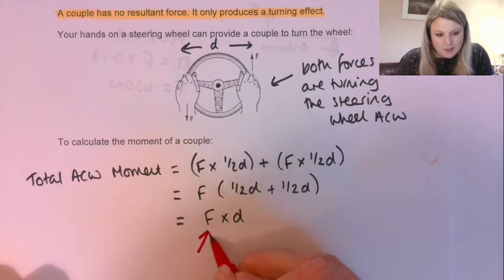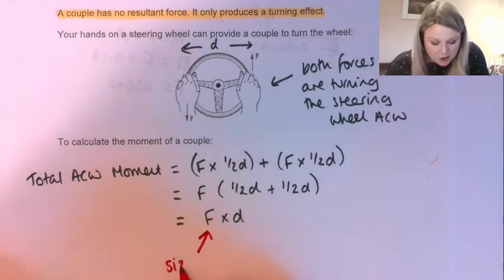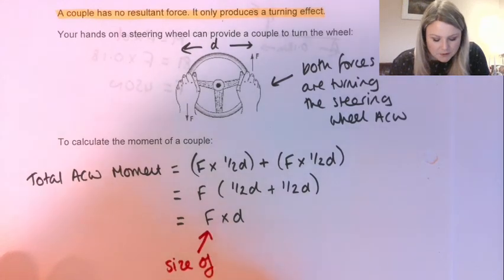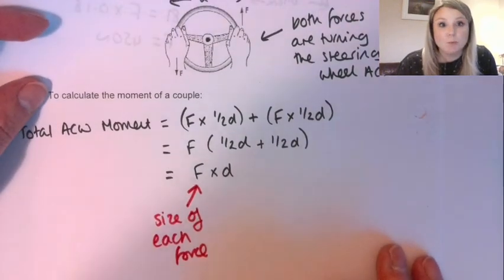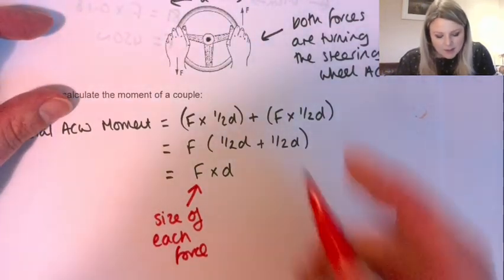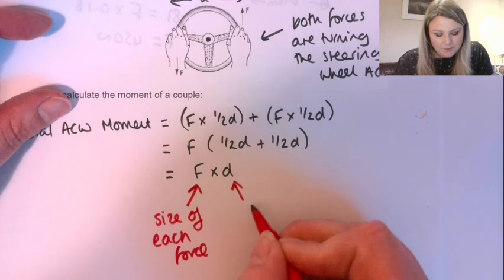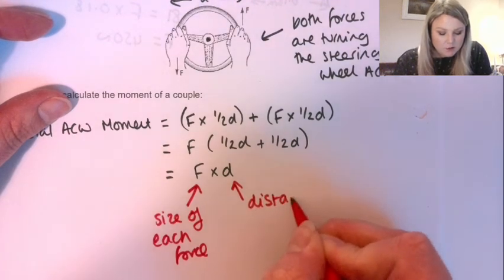So this here is the size of each individual force, it is not both forces added together. And this one here is the distance between the two forces.